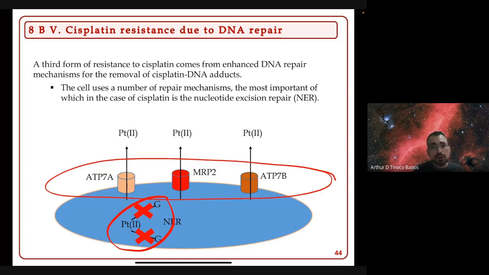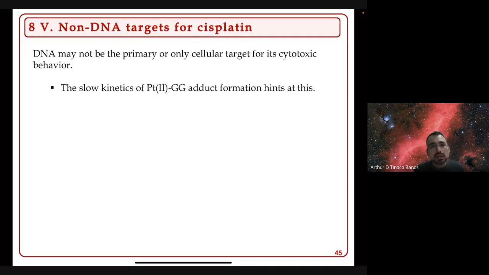And as we'll see in a moment, there could be off-target effects of this particular compound, or really the metal center. What I want to emphasize is that it is actually more complex in terms of where exactly platinum is hitting, and whether some of these non-DNA targets are really off-target effects that can lead to toxicity.